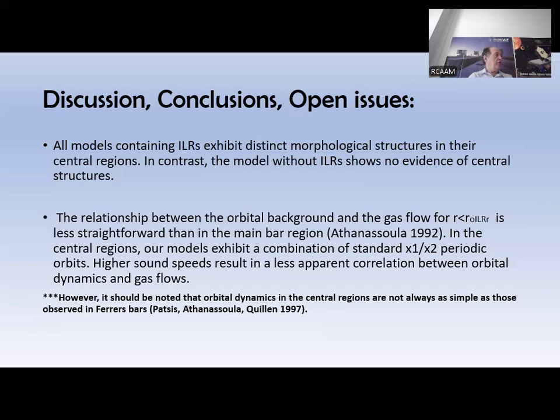For instance, if we go to the models with 2 kilometers per second and 10 kilometers per second as well, we could see that we had a ring. The ring was always smaller than the extent of the X2 orbits, but closer to the extent of the X2 orbits when we had a 2 kilometers per second sound speed in the models. When we started increasing the sound speed, we had deviations from that behavior.